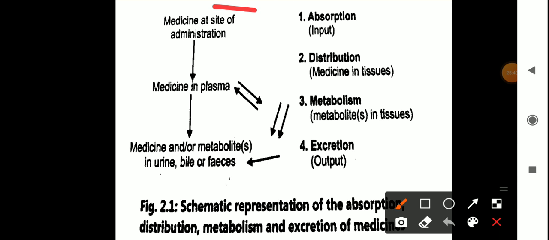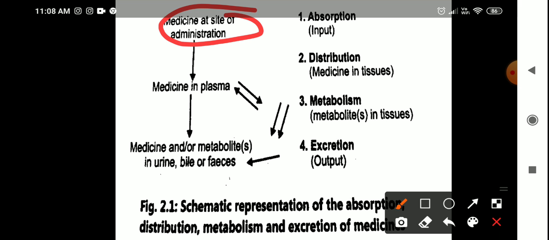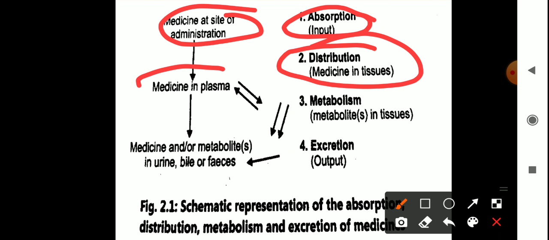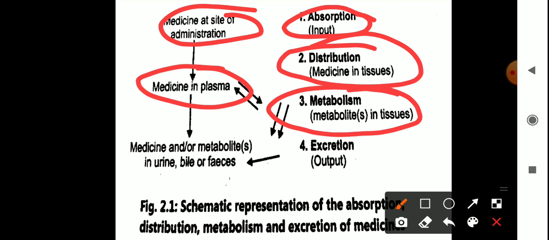After the administration of the drug, first the process of absorption takes place, and after that the drug is distributed in the tissues, and the medicine goes into the plasma, then undergoes metabolism, that is, metabolites bind with the tissue.